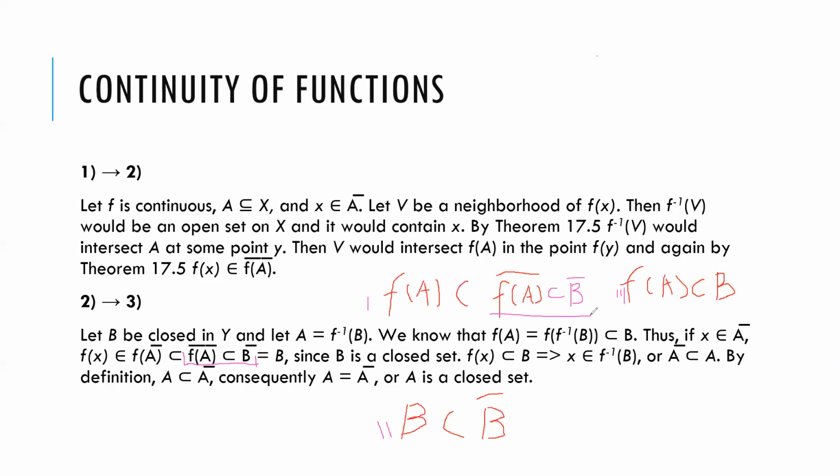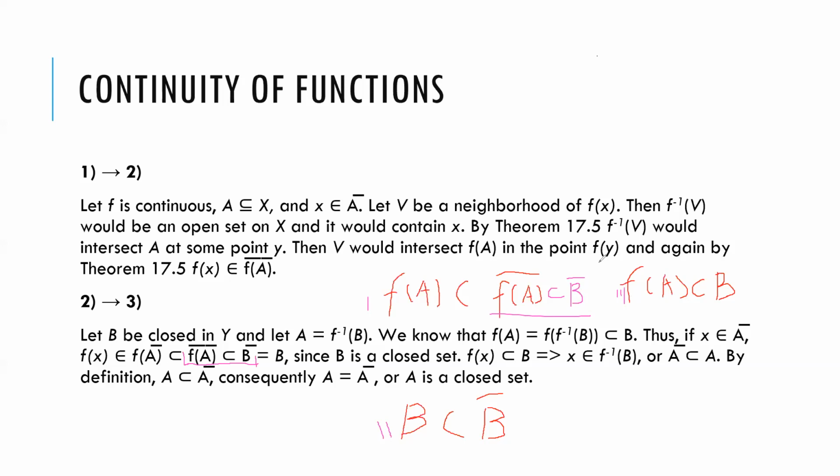But just by using set theory, this is not enough. We can have sets for which A is a subset of B and C is a subset of D, and A is a subset of C, but B is not a subset of D.